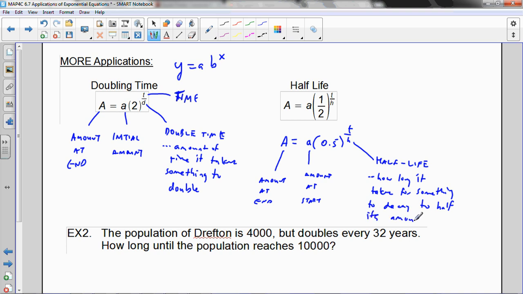So, for instance, in Uncle Ferd's Ford pickup there, it started at $14,000. How long did it take to get to $7,000? That's the half-life of Uncle Ferd's truck. How many years it took for it to go from being worth $14,000 to $7,000? That's the half-life. T is the time again, and we'll see an example like this in example 3.